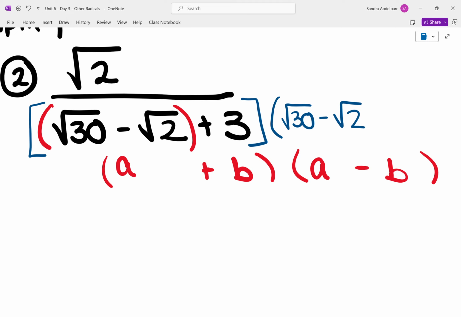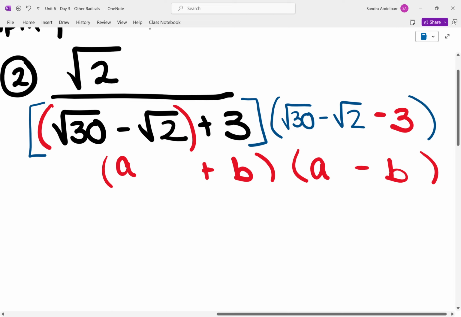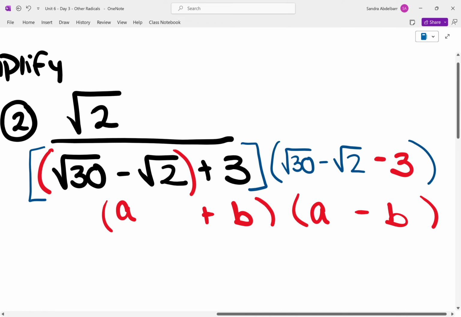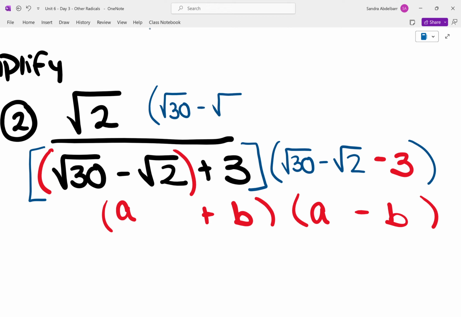Remember, your A stays the same, but then we change the sign of the B. So instead of plus 3, I'm now going to write a minus 3. All right, so now whatever I multiply the bottom by, I must multiply the top by. So this is root 30 minus root 2 minus 3.